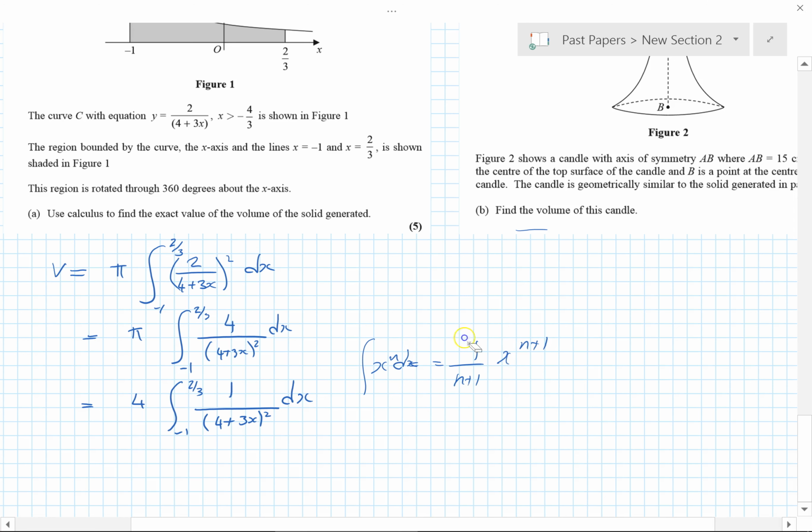The kind of reverse chain rule aspect of that, because we're going to end up dividing by 3 because of the 3 there. So it's going to be 4 times by 1 over 3. But also n plus 1, well look, that's the actual value of n here, be careful, is minus 2. So add that to it, that's 1 divided by minus 1. And 4 plus 3x to the minus 1.